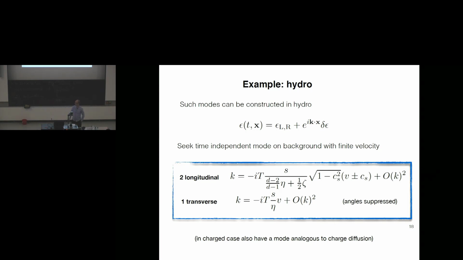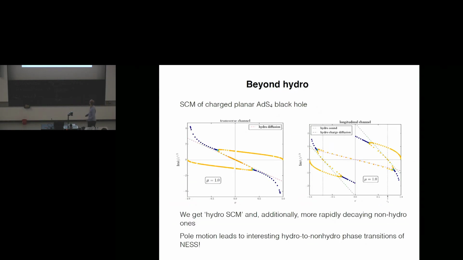It depends on the various thermodynamic quantities like entropy density, bulk viscosity, shear viscosity, speed of sound, and so on and so forth. Let me just highlight that the transverse channel here actually depends on this ratio eta over s, and that will be something quite interesting later. Of course, you could also do this in the charge case, which is in our paper, but I've left it out for simplicity.